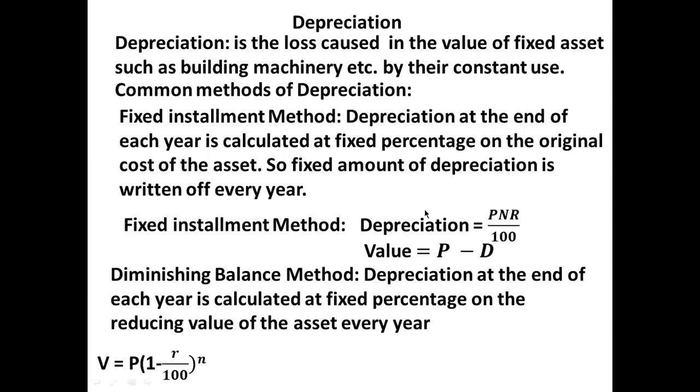Therefore, the value after the given period is the final value, and R is the rate of depreciation. Remember this. If you want to know the depreciation, it is equal to the original cost of the asset, that is the purchase value, minus the value after the given period.